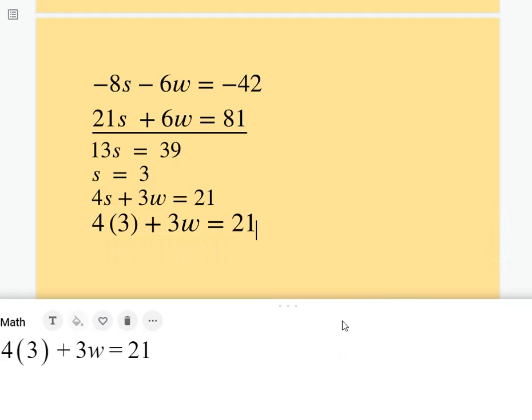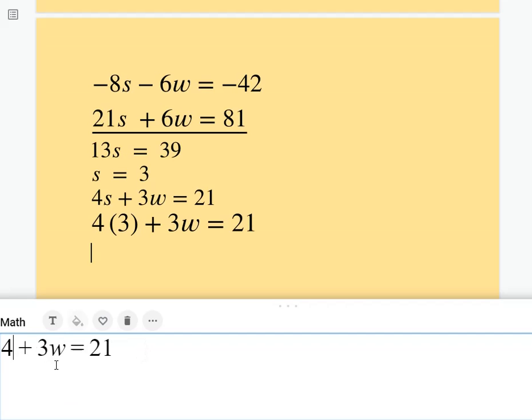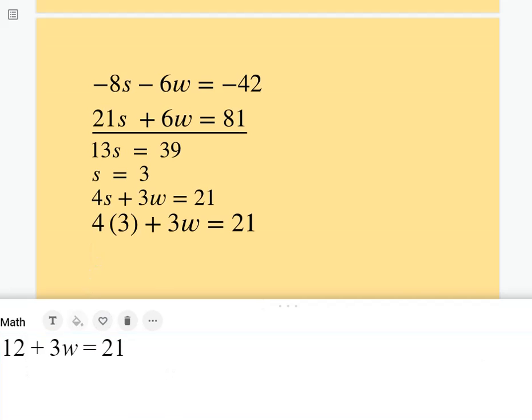All right. And then we'll simplify. This is just a question of simplification. 4 times 3 is 12, and then we'll put it in there. I'm just showing you all the lines, but if I'm solving it for myself, I will go fast and just move things around. So now we're still simplifying.